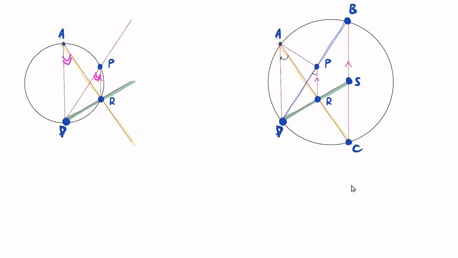Yes, you need the angle equal to what? You need it to be equal to this, DP, right?